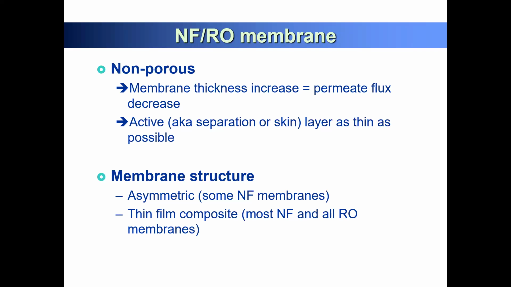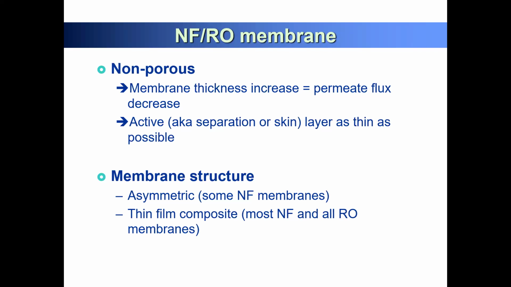So as the membrane thickness increases, the permeable flux decreases. We just say active layer. Behind it, you have a support layer. The active layer separates your water and salt. The support layer supports the pressure, because the pressure is 60 bar. So the pressure is very high.